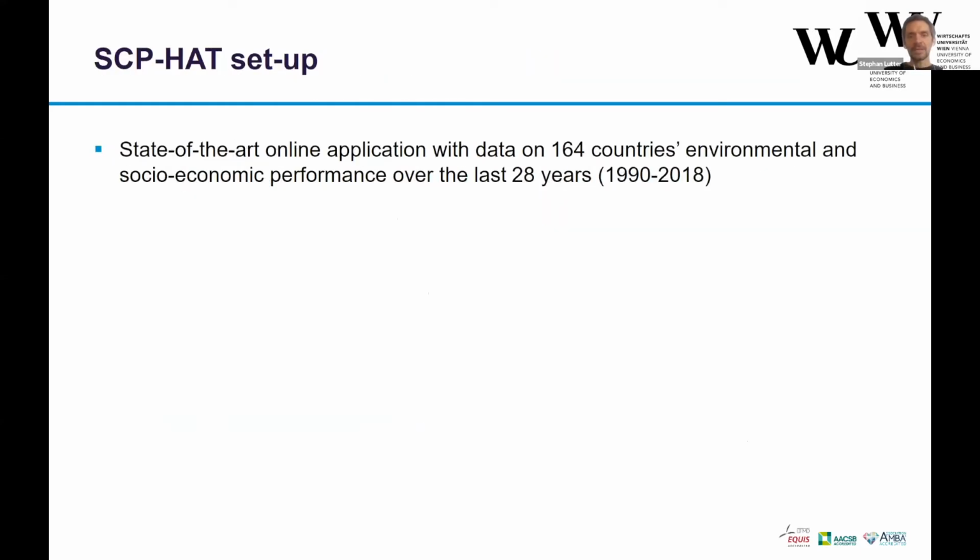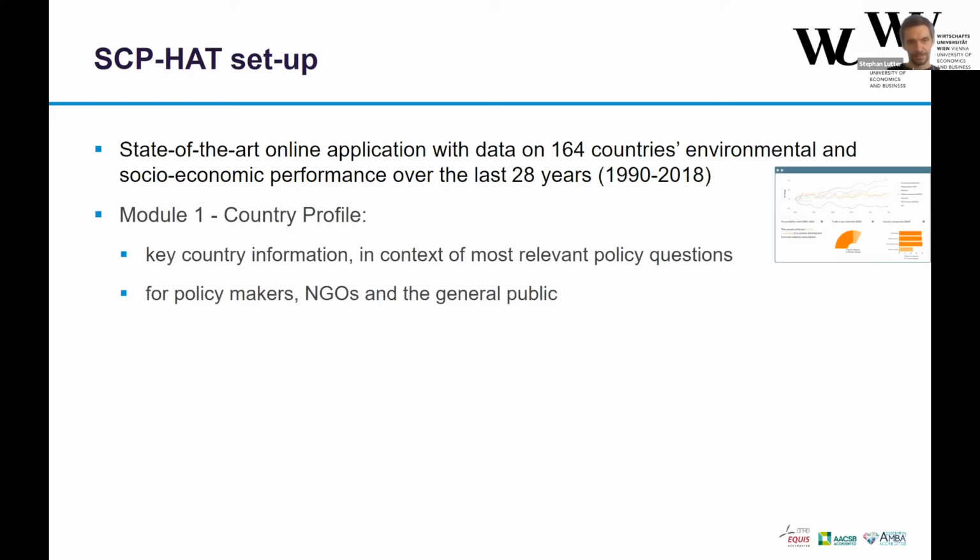The setup is so that the attempt was really to cover as many countries as possible. In the new version, which will be launched in a few days or weeks, it will be covering 164 countries, and there its environmental and economics performance over the last 28 years.